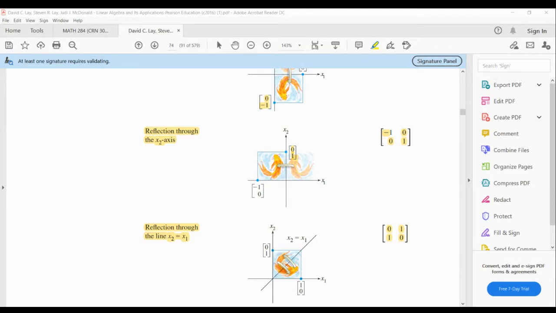You're reflecting that point on the x2 axis to the point on the x1 axis. Very good.